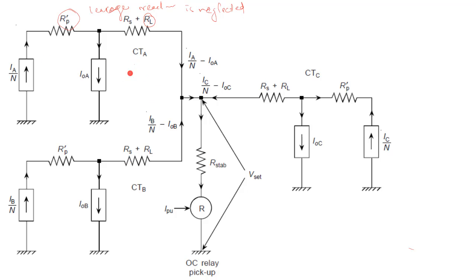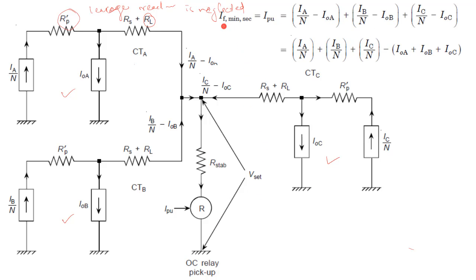This is for CT A, this is for CT B, and this is for CT C. If we write the equations, your IF minimum, the minimum internal fault current at the secondary side, equal to I per unit, I can write as IA by N minus IOA, plus IB by N minus IOB, and IC by N minus IOC.